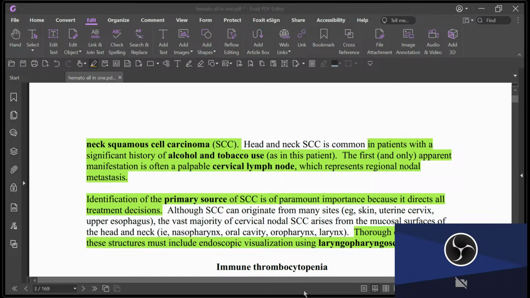Head and neck squamous cell cancer is confirmed by seeing on laryngopharyngoscopy. Hope you enjoyed.